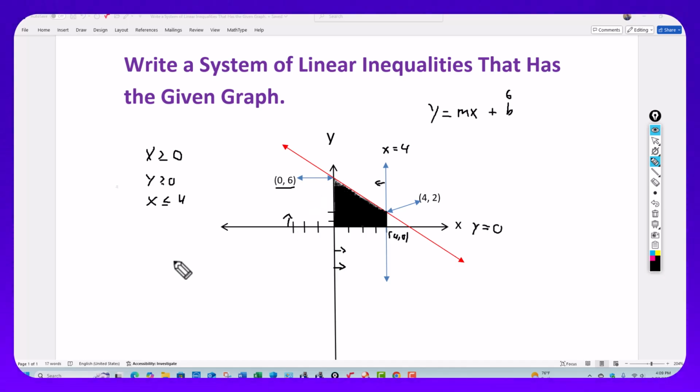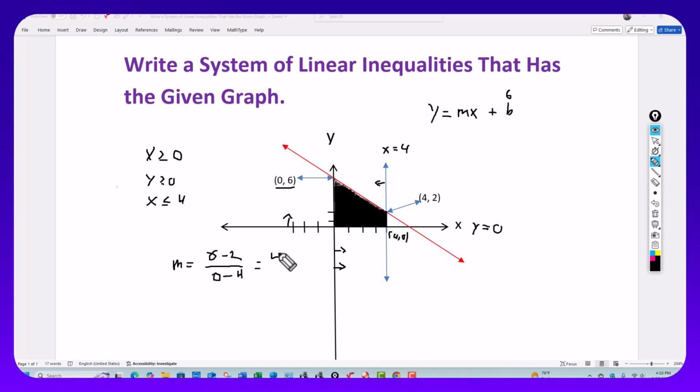And then for the slope, if you know any two points, you can find the slope. So I can just say, okay, let's use this point and this point. So this would be the difference in the y's, so it would be 6 minus 0. Difference in the x's, so it would be 0 minus 4.